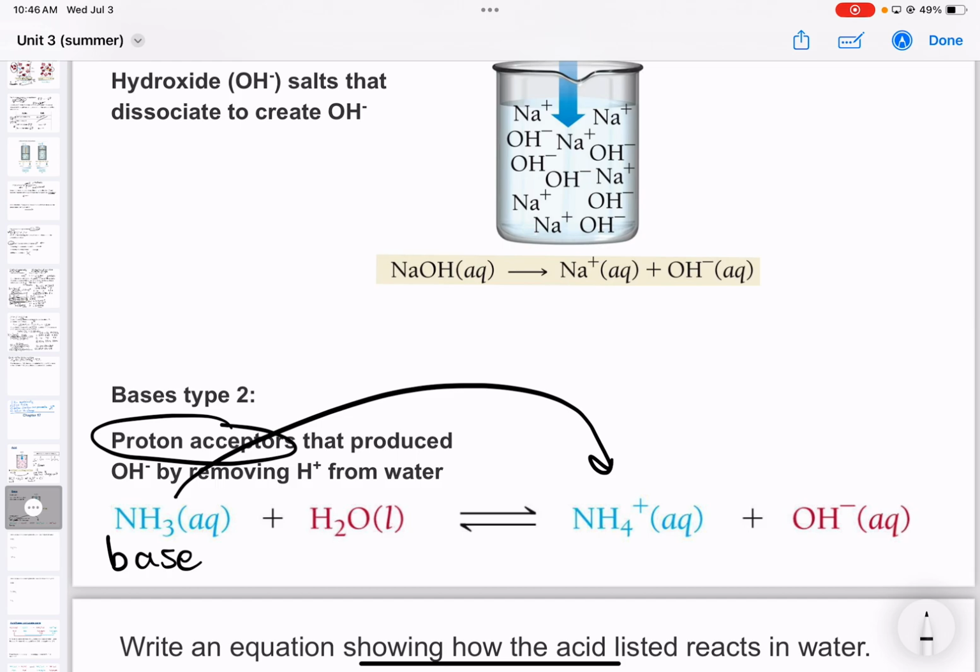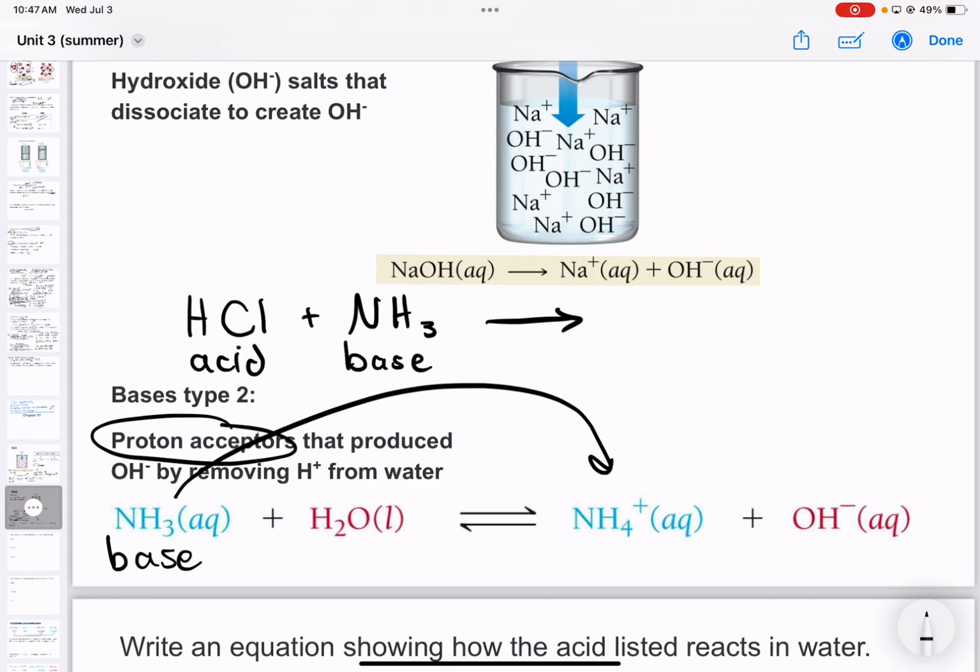So let me actually just show you, the acid example we gave earlier was HCl. Let me show you what happens when HCl and NH3 react together. And then I'll show you kind of how water can take the place of either an acid or a base. Okay, so an acid has to give up its H+.